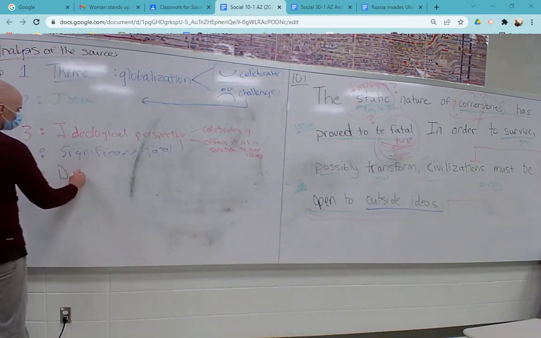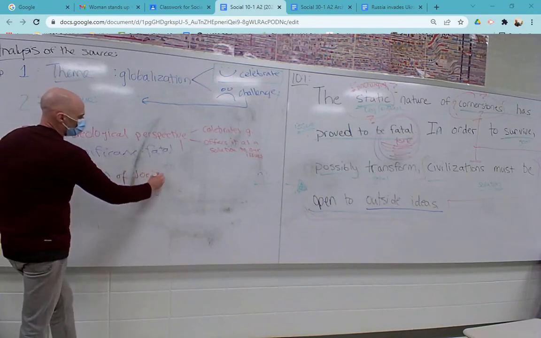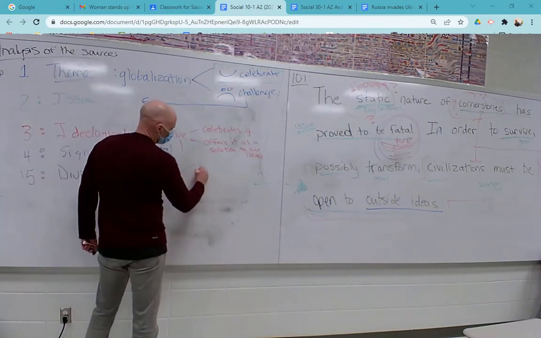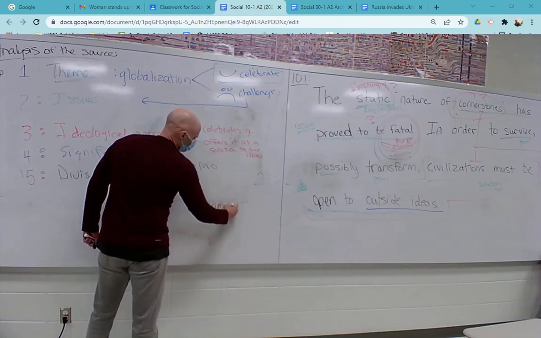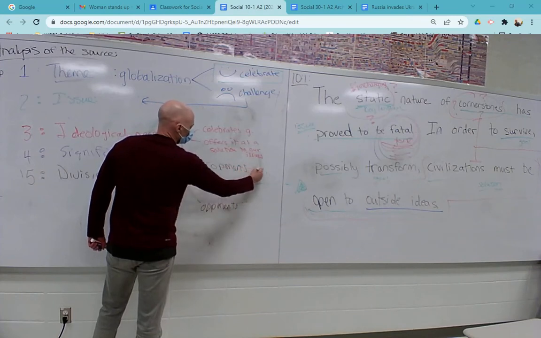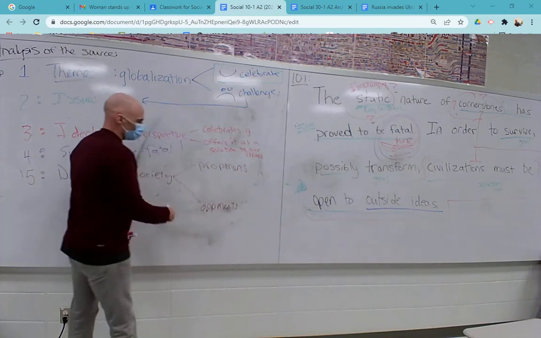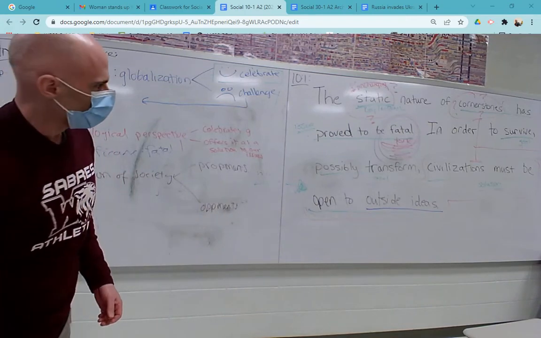The division of society. And within the division of society, we have proponents and opponents. People who agree with the source and would further it. And opponents are people who would disagree with the source and attack it.